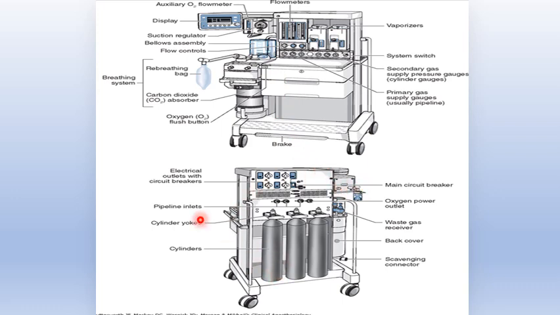From the back view, you can see the electrical outlet with circuit breakers, the main circuit breaker, the oxygen power outlet, waste gas receiver, back cover, scavenging connector, cylinders, cylinder yokes, and pipeline inlets. Maybe it is complicated, but we will demonstrate all of these parts over the next slides.